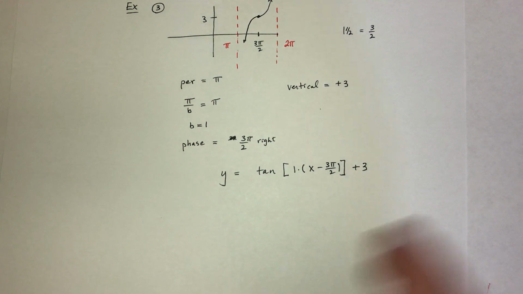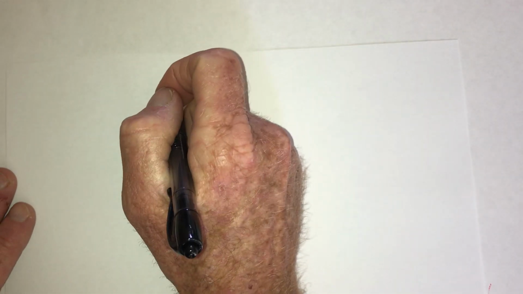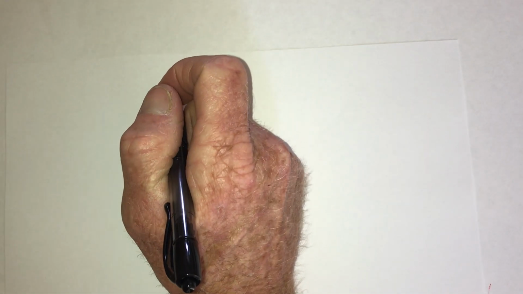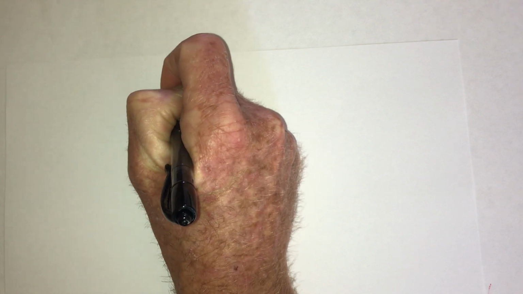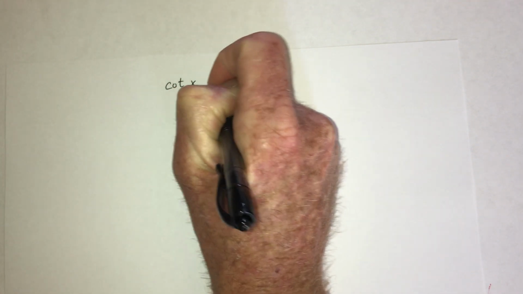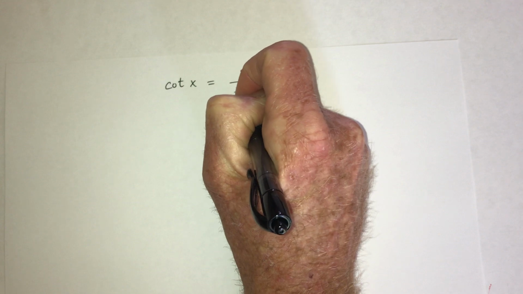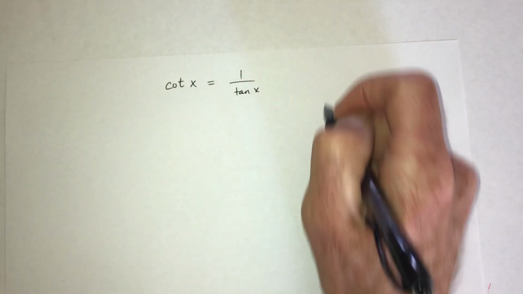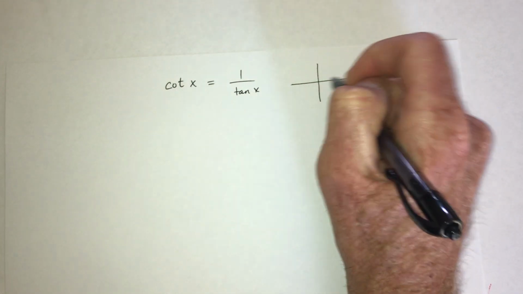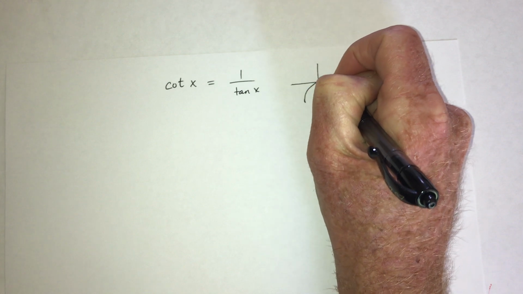Okay, good. Now for the last part of this section, cotangent. So for the cotangent graph, keep in mind that cotangent is equal to 1 over tangent. So if you look at the tangent graph, it would look like this.